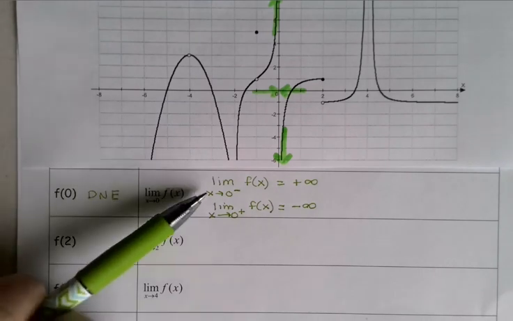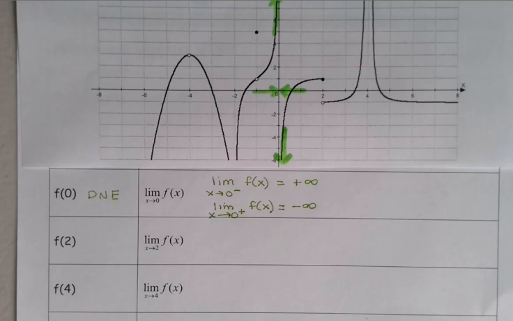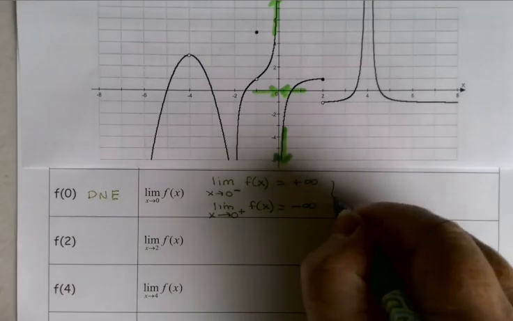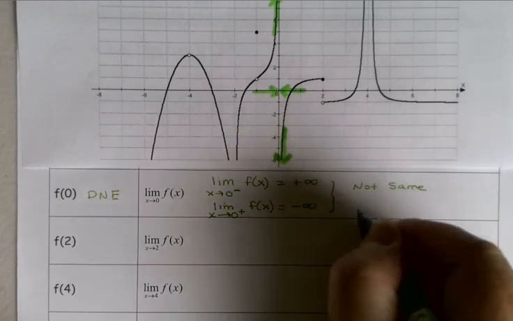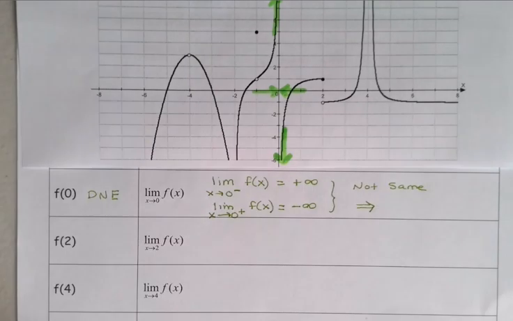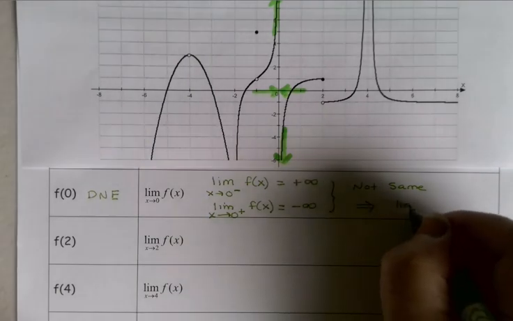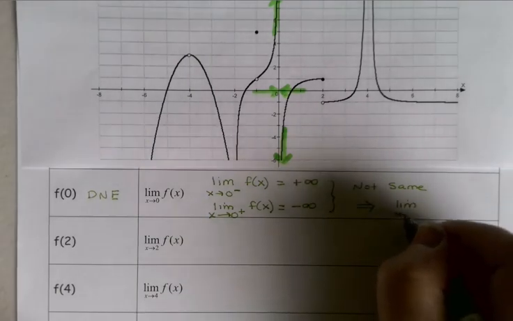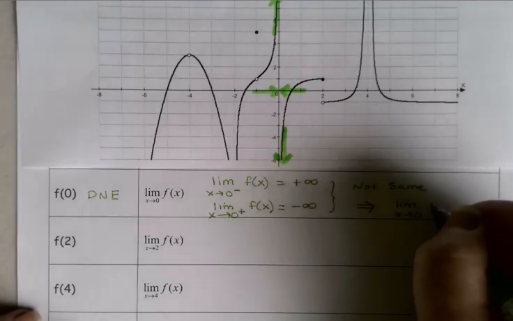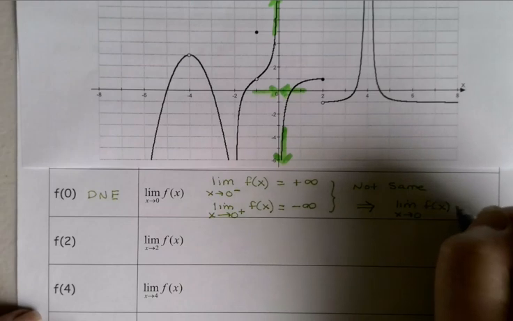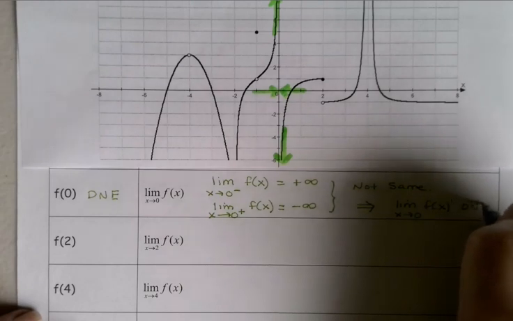When you have one-sided limits, from the left and from the right, that are not the same, you say that the two-sided limit, the limit as x approaches 0 without stating left or right, for the function f of x does not exist.